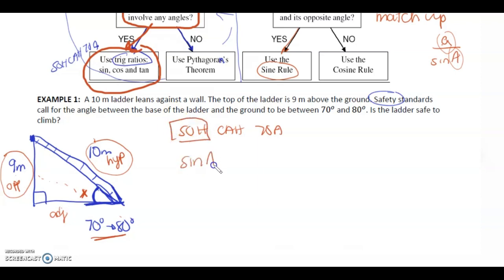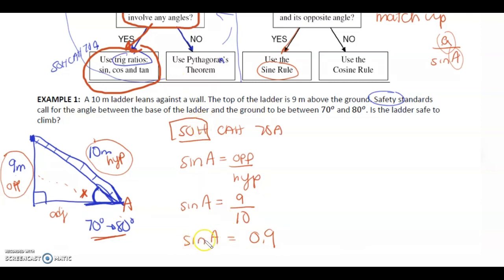So sine A equals opposite over hypotenuse, and we'll just call that A. Sine A equals, we're going to sub in the value for the opposite, which is 9, and the value for hypotenuse, which is 10. And we get sine A equals 0.9.